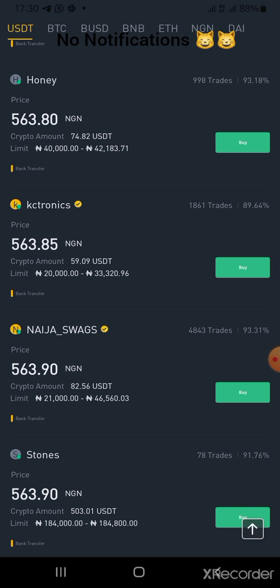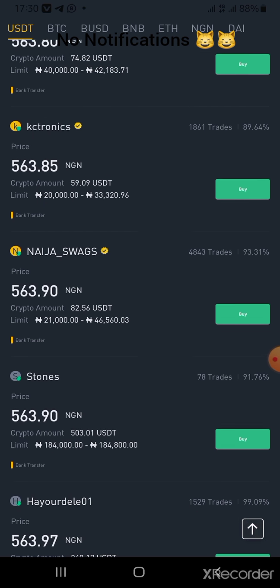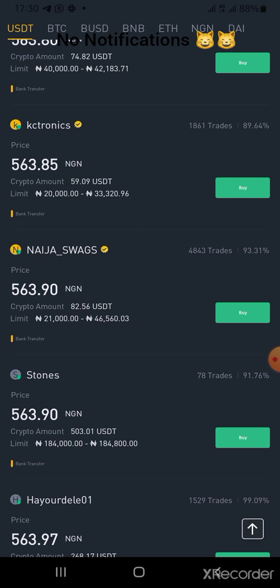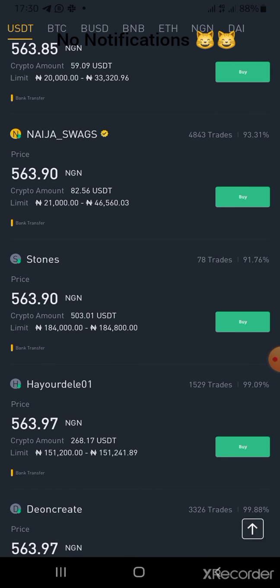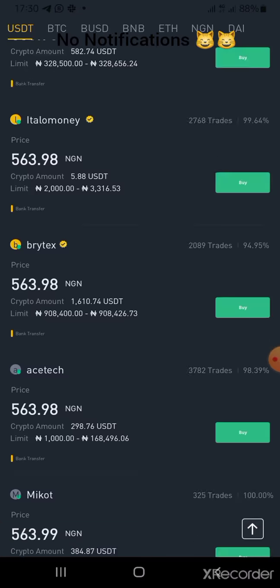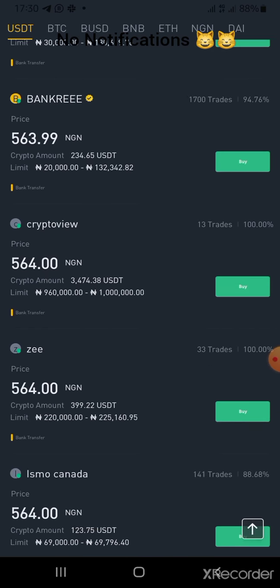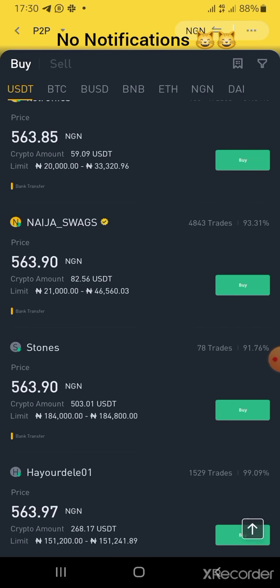So if you want to buy, say, $50, you have to use your $50 and divide by this 563. Whatever you get is the amount of USDT you're going to be getting for this price. In buying, of course, the lower the price, the more the quantity for you, and the higher the price, the lesser the quantity.